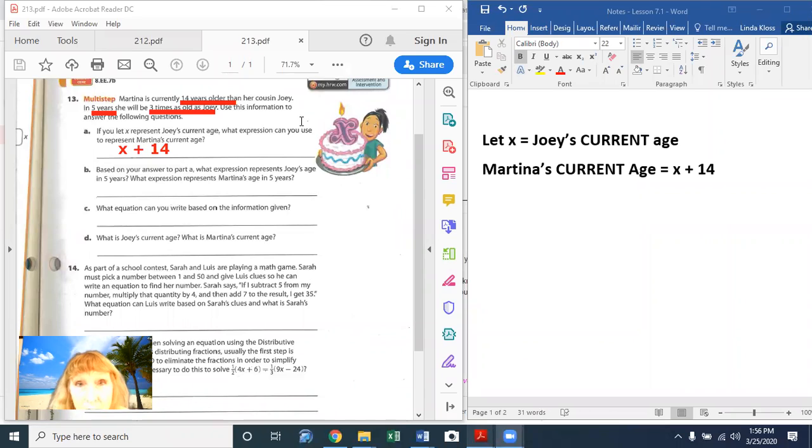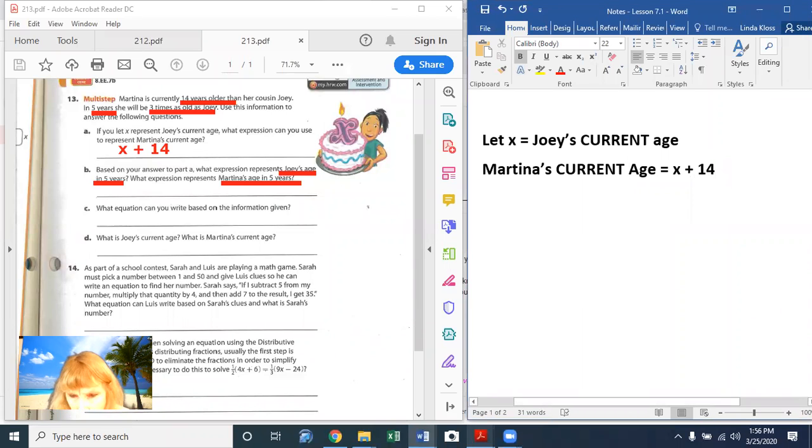B, based on your answer to part A, which we just got, what expression represents Joey's age in 5 years? So let's line that. Joey's age in 5 years. What expression represents Martina's age in 5 years? Okay, we got to think through that a little bit. Come back over to the right here.